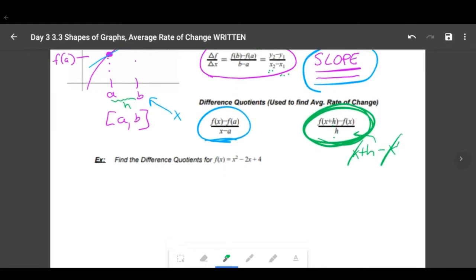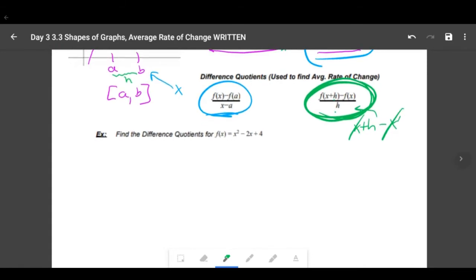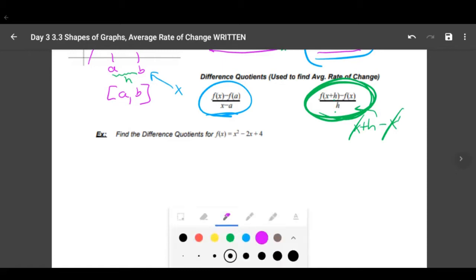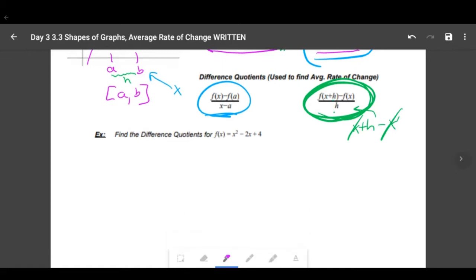So it's asking me to find the difference quotient for f of x equals x squared minus 2x plus 4, a nice little quadratic that we see here. And what I'm going to do is simply use this equation. Well, in order to use it, I have f of x, I have h, that's just a variable. I need to know what f of x plus h is.